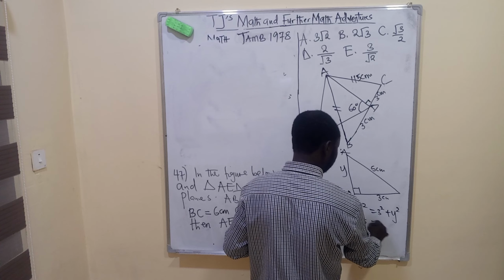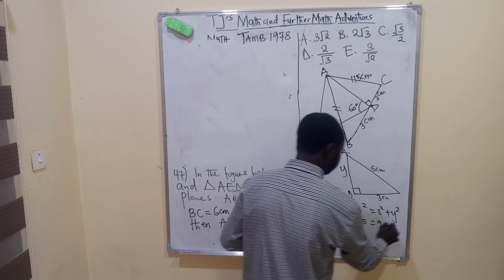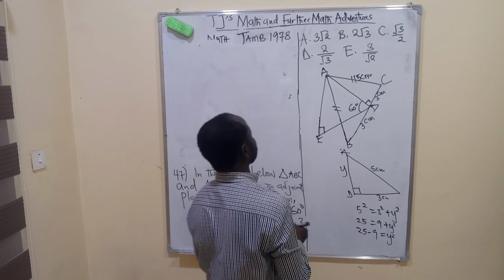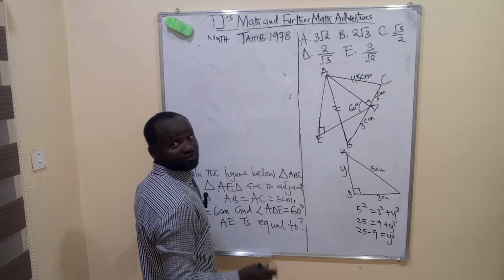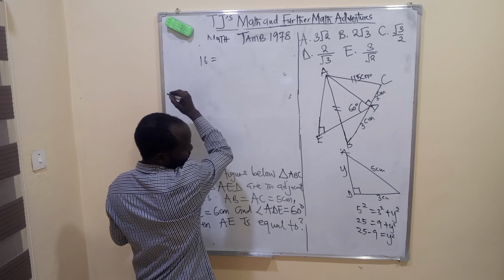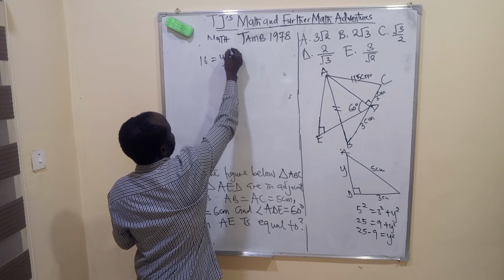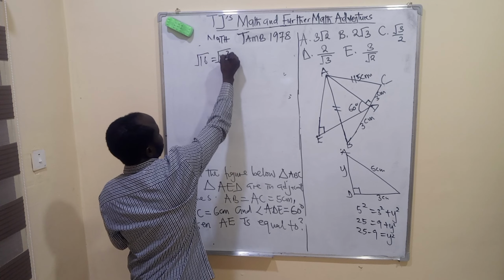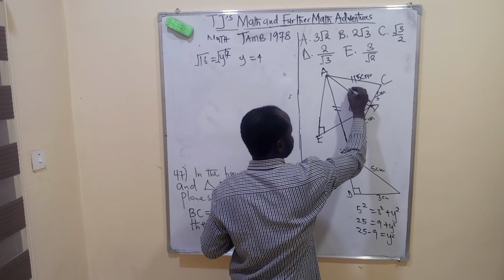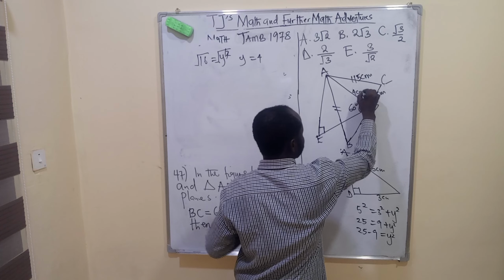This is 25 equals 9 plus y squared. 25 minus 9 equals y squared. 25 minus 9 of course is 16. That will be y squared. We take the square root of both sides. y now is 4. So this length AD is 4 cm.